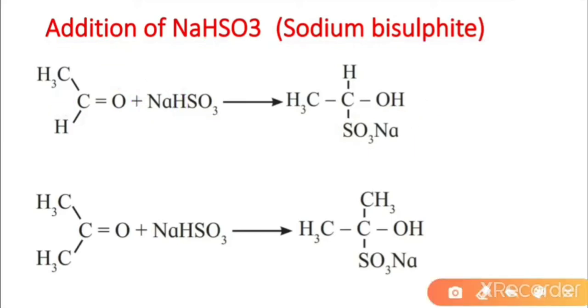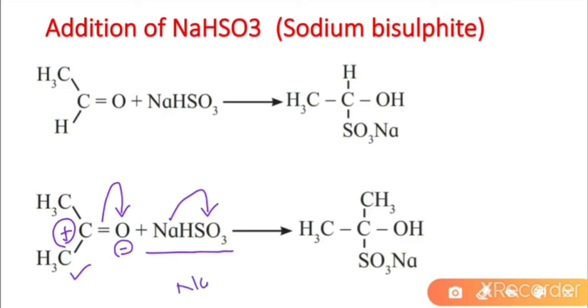A similar reaction occurs with acetone and sodium bisulfite. Pi bonded electrons are transferred toward oxygen. Oxygen becomes negative and carbon becomes positive, and Na bonds with SO3 minus 2 and forms the NaSO3 minus ion.